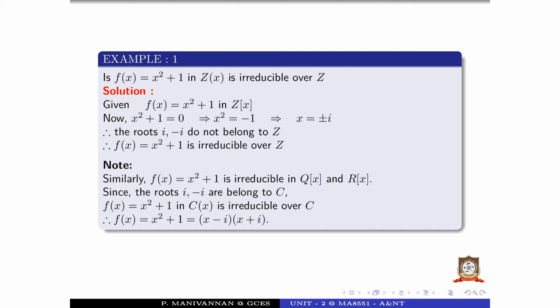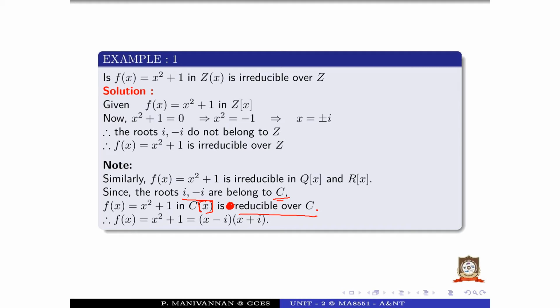this polynomial is reducible, not irreducible. It is reducible over C. Why? This polynomial has its roots in C. Therefore, f(x) equal to x squared plus 1 in C[x] is reducible over C. Its factors are x minus i and x plus i, so x squared plus 1 can be rewritten as (x minus i) into (x plus i).